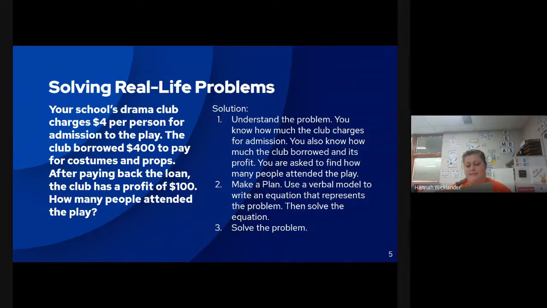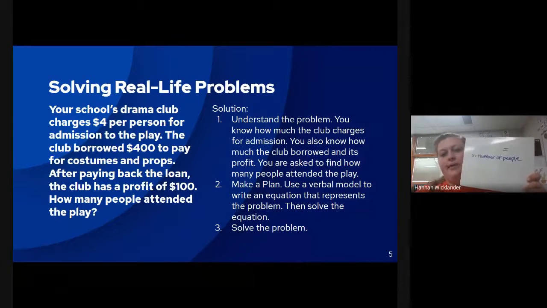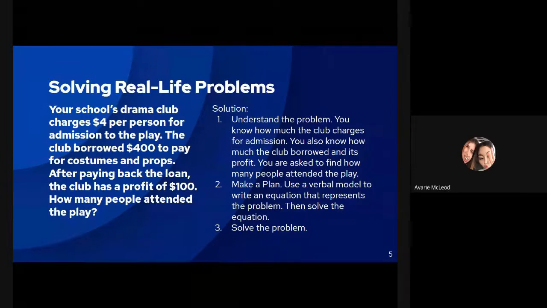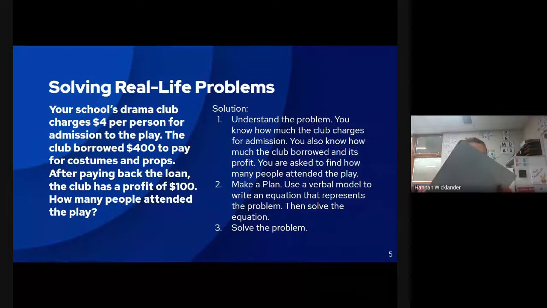And then up here where it says understand the problem, you know how much the club charges for admission. So how much do they charge? $4 a person. Yep, good job, Avery. So it's $4 per person.